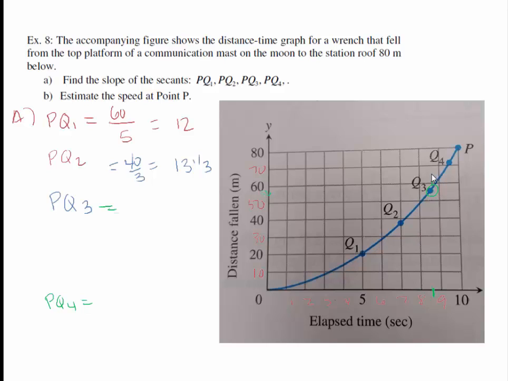So from here on up, it looks to be about, I would say 56 up, so about 24, and going across about 1.5, so that's about 16. And let's do the next one now, P to Q4.